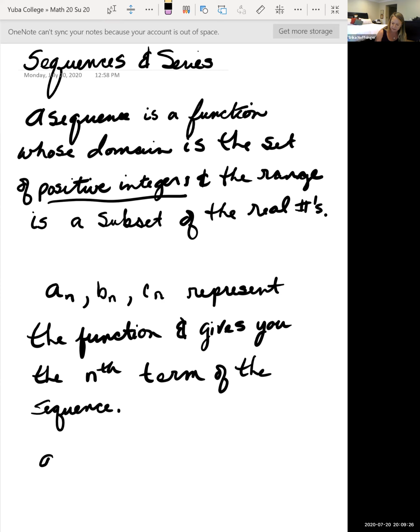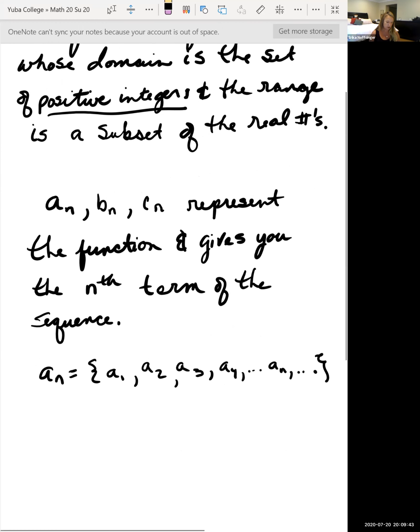So a sub n could equal a sub 1, a sub 2, a sub 3, a sub 4, dot, dot, dot, a sub n. Sometimes it's infinite, so it can go on forever. This a sub n value is basically the equation that you're going to use to get your terms.